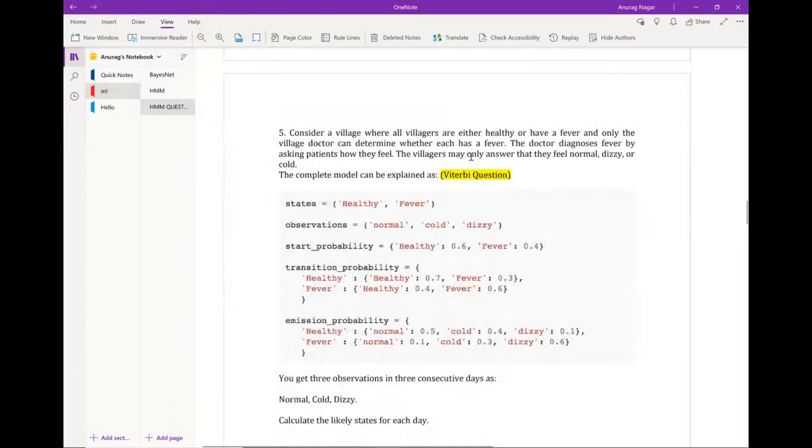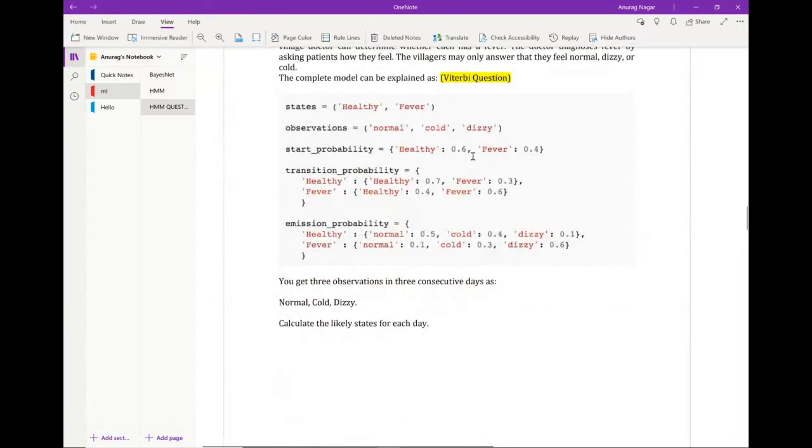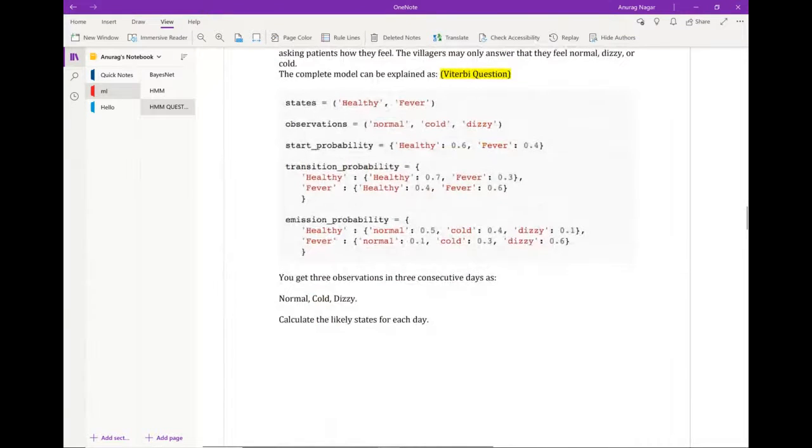Okay, this is a good question for Viterbi. You are given the normal parameters of an HMM, and the hidden states are two: healthy and fever.